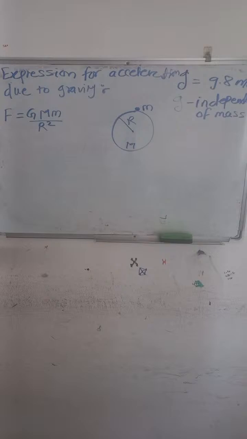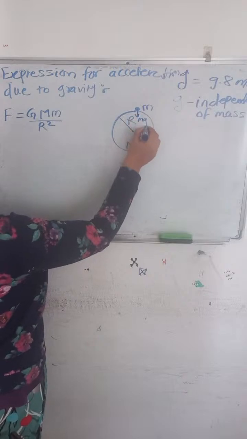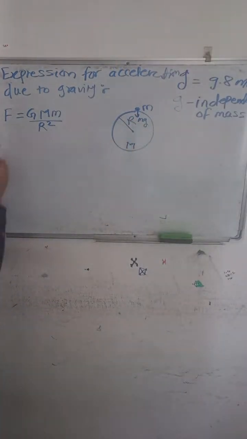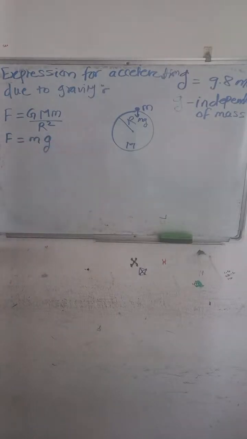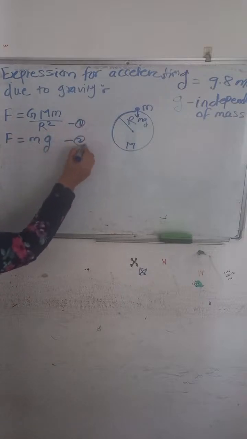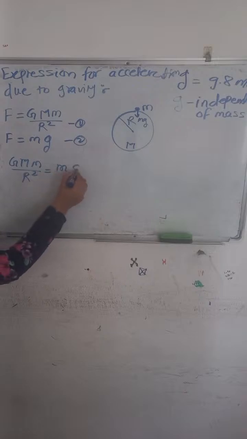Whenever this body is on the surface of the earth, its weight also acts vertically downward, that is m into g. So F is also m into g. Both forces are the same, so if we take this as equation 1 and this as equation 2, we can compare: G M m upon R square equals m into g.